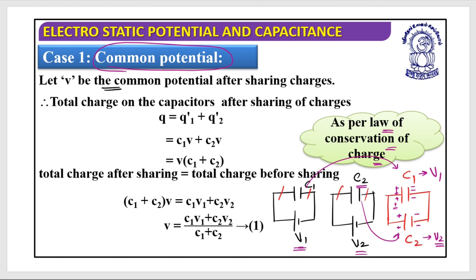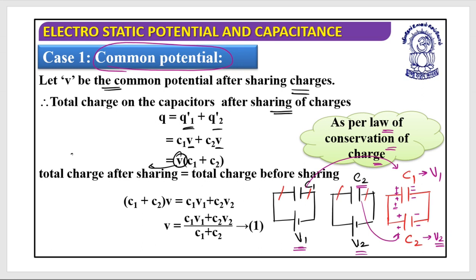Let V be the common potential after the charge has been shared. The total charge on the capacitors after sharing is Q equals q1 dash plus q2 dash, where q1 dash is C1 into V, and this V is the common potential.